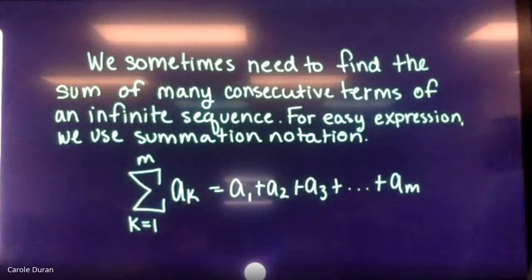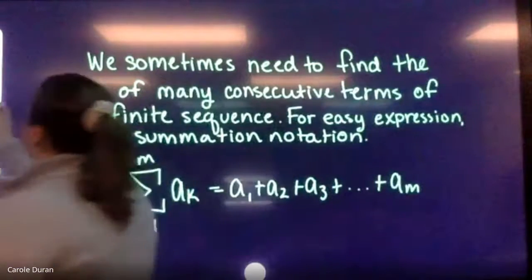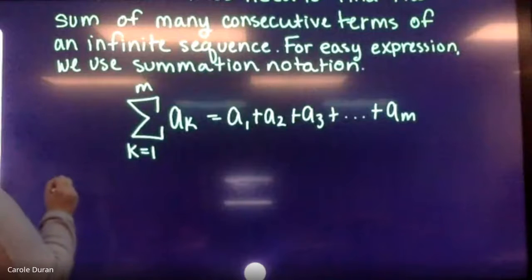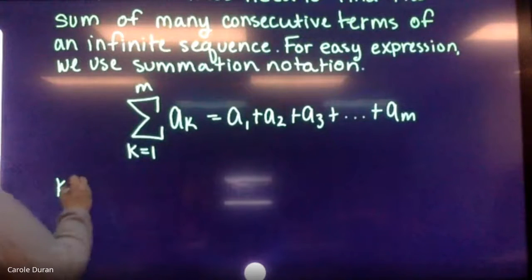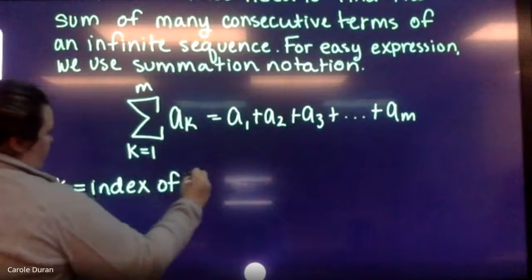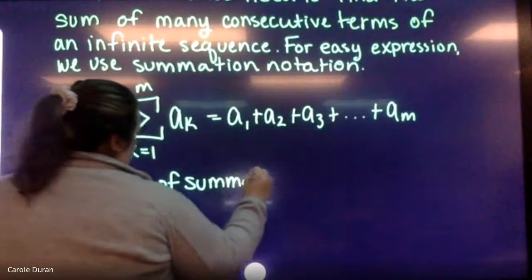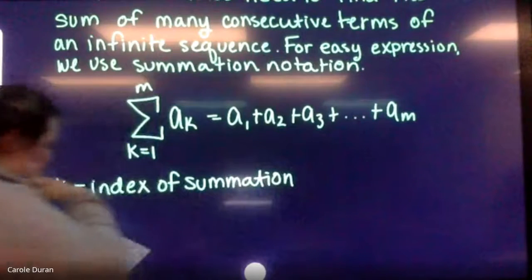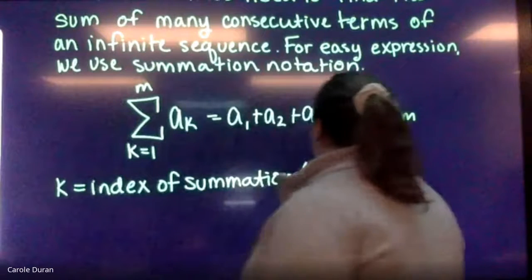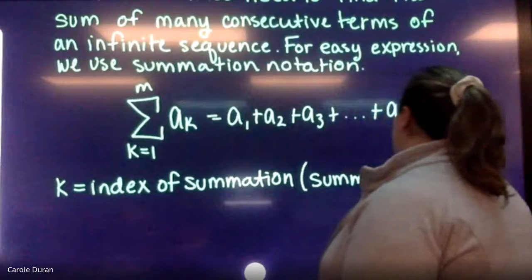There are a couple of components to this that I like to point out. The first one is that the k value here is called the index of summation. In other words, it is the summation variable. It doesn't always have to be a k, but it normally is.